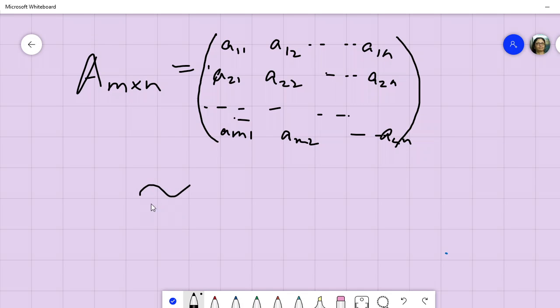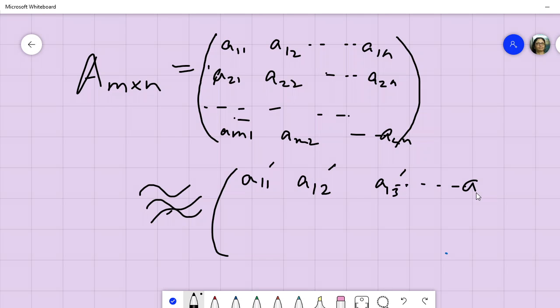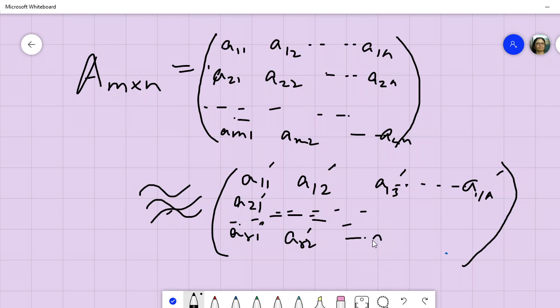By some transformation, this is equivalent to some matrix, say A11 dash, A12 dash, A13 dash, like this, some values up to A1n dash, then A21 dash, etc., etc. Then you write AR1 dash, AR2 dash, AR3 dash, etc., etc. Then all other elements are 0 here. So these are 0, 0.